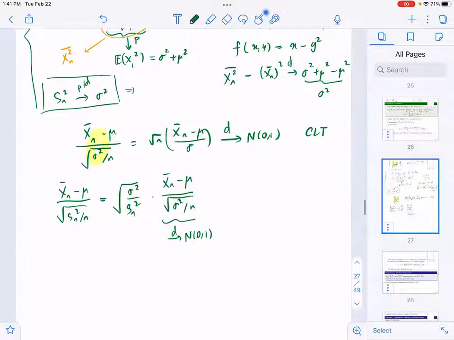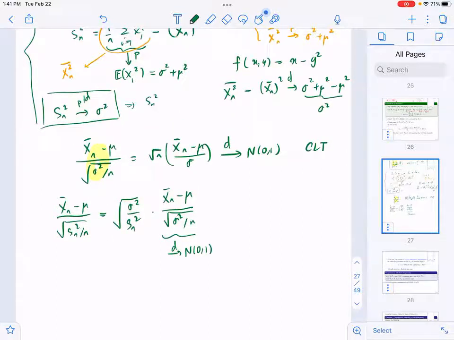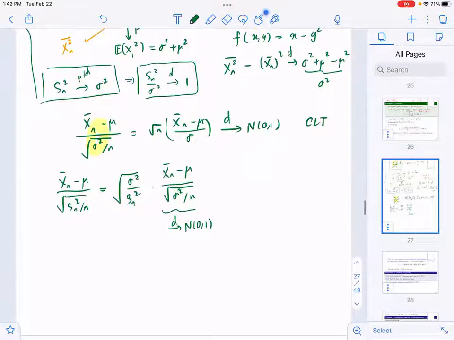Can I conclude that Sn squared divided by sigma squared converges in distribution to 1? Is this true? Yes, it is true because of the Slutsky, and I can do all these manipulations. Then the square root, of course, is also the continuous mapping theorem. Slutsky plus continuous mapping theorem gives you a lot.